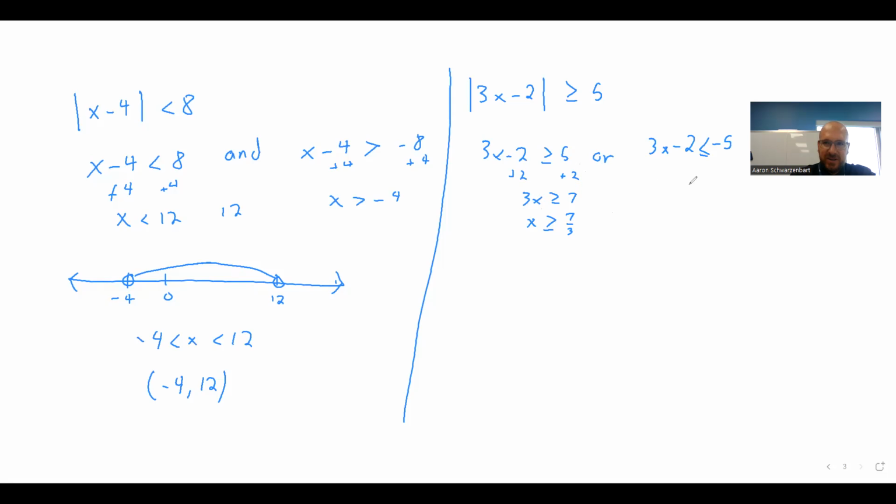So I've divided by 3. I'll divide by 3 again. So this is an OR case. This is a closed circle because it's an or equal to.